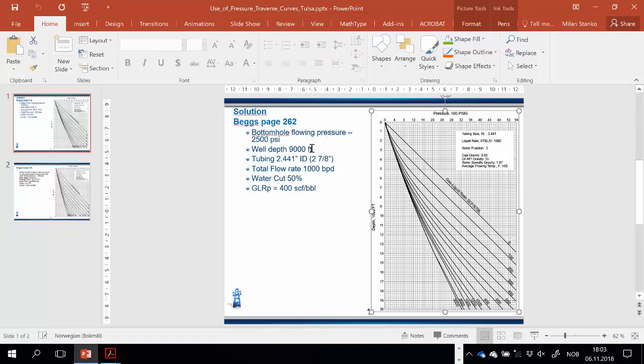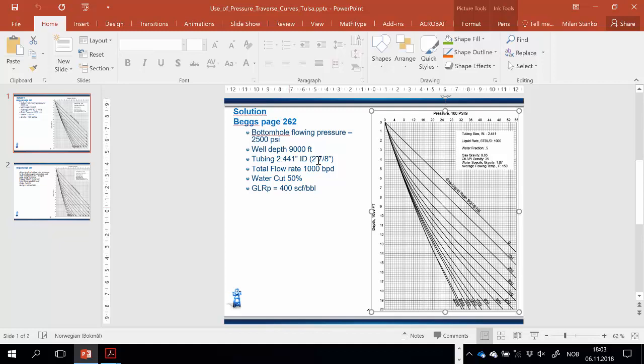The well depth is 9,000. Tubing 2.875 is producing 1,000 barrels per day. Water cut 50, and the GLR is 400. Calculate the wellhead pressure based on that.